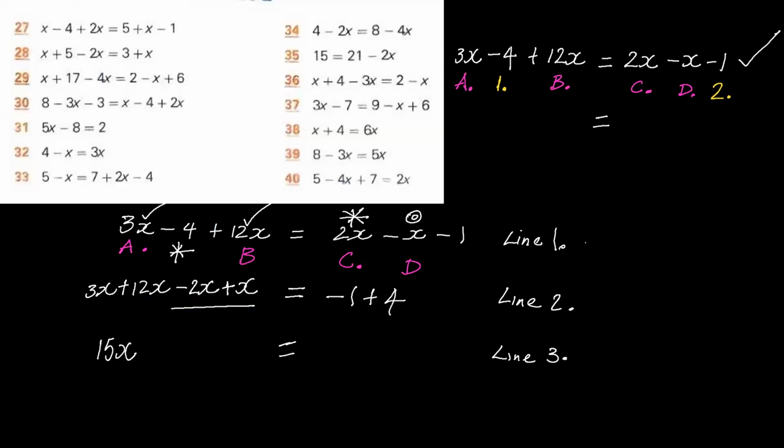Different. So when they are different, what do you do? Subtract. Right. So 2 minus 1 is? 1. Good. So would it be positive 1x or negative 1x? Negative 1x. Beautiful.